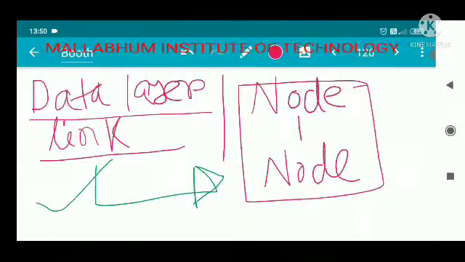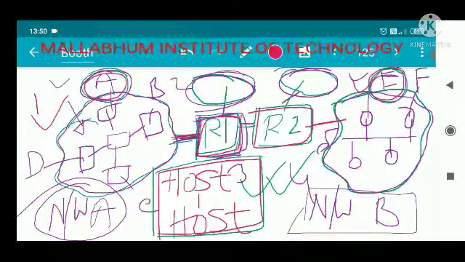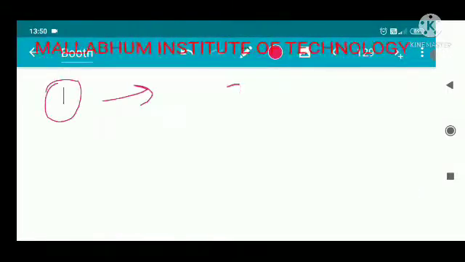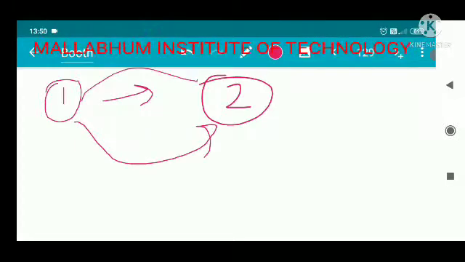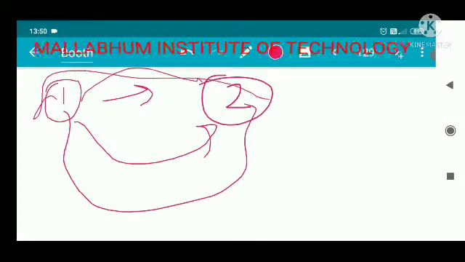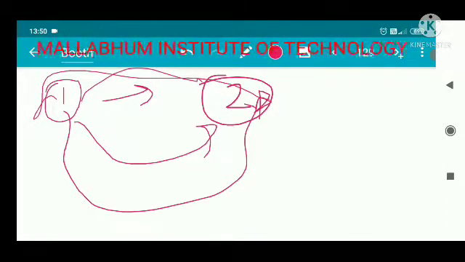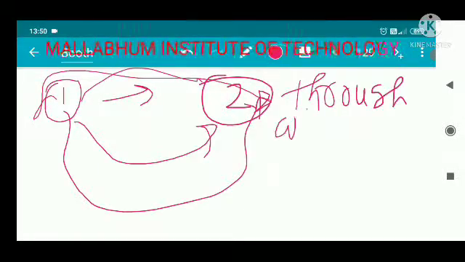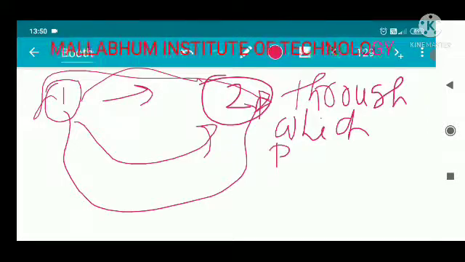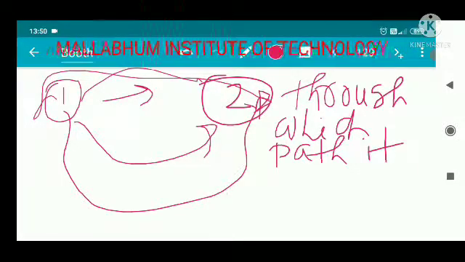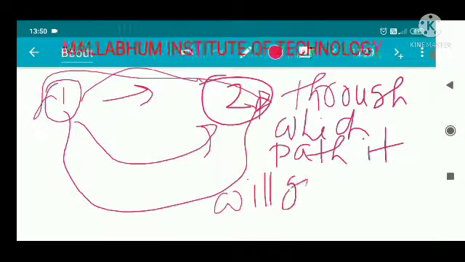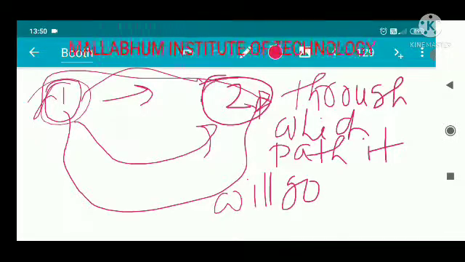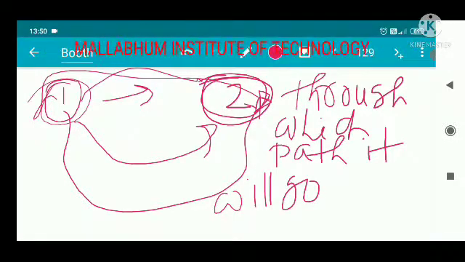Suppose the network is connected like this, so one message can be sent from source to destination in different paths. There are numerous paths available. Depending on the network protocol or the network machine, it will decide through which path it will go from this node 1 to node 2. So that is the function of the router.